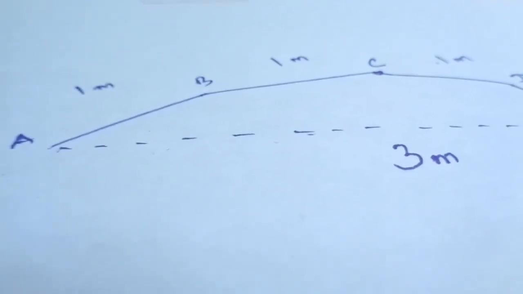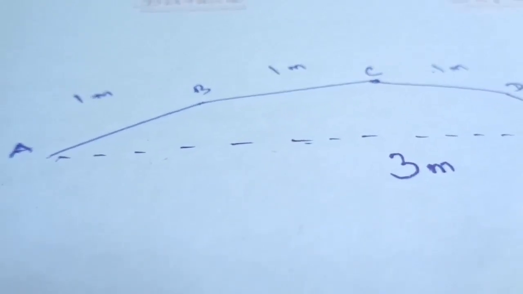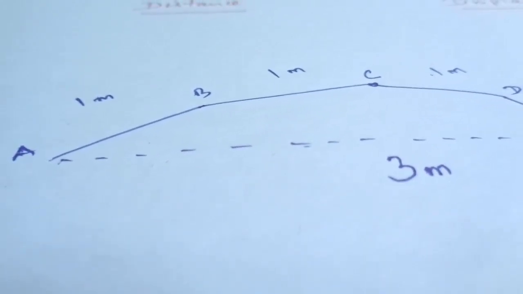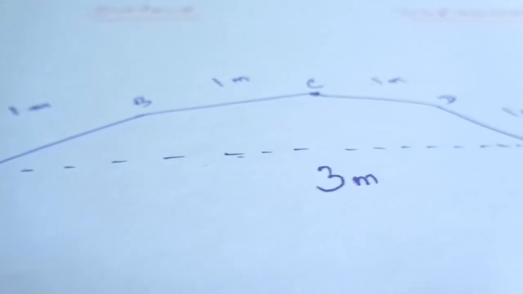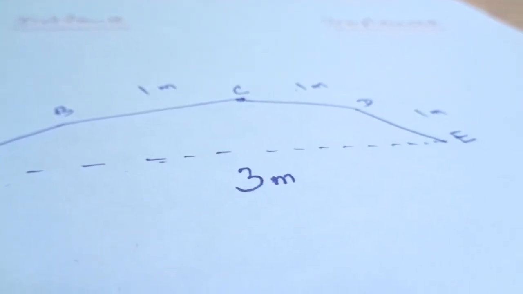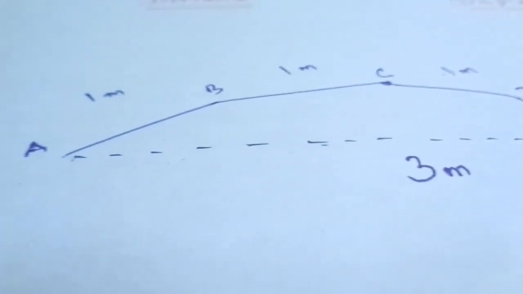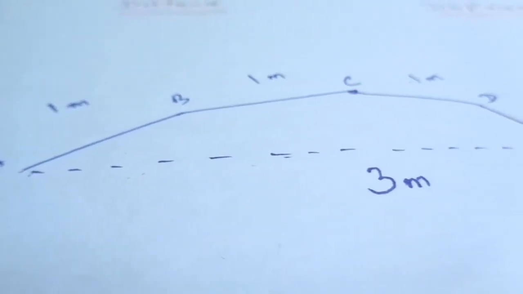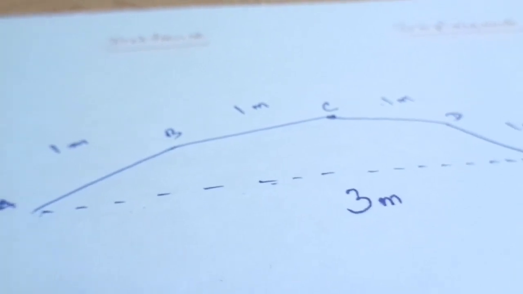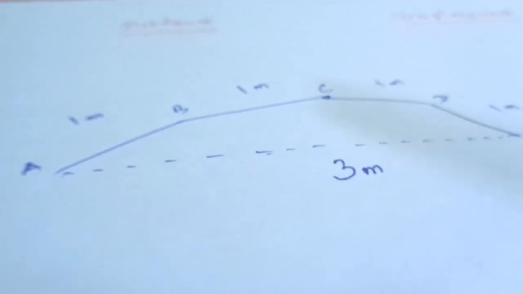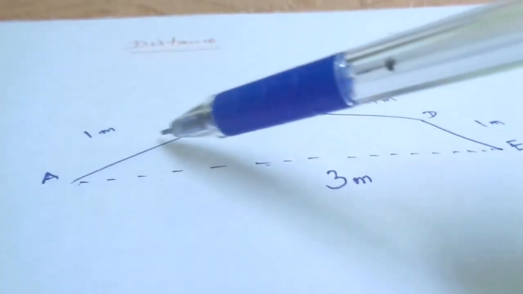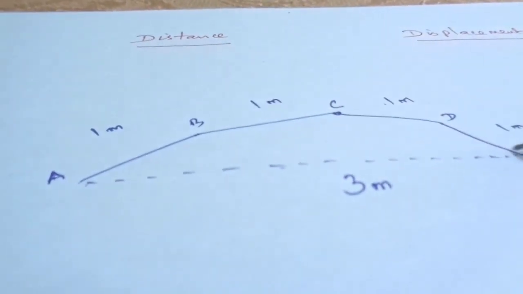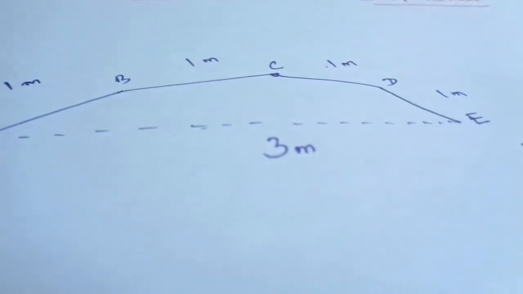The distance between A and B is 1 meter, and in the same manner, each interval is 1 meter. The total path covered by the object is called distance.